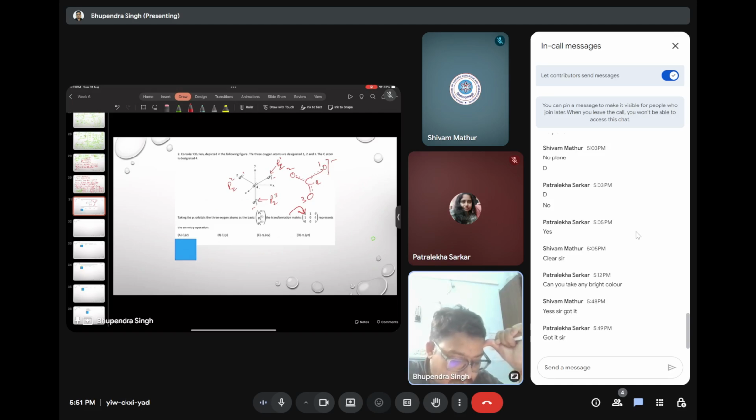You can solve this only by looking at the transformation matrix, because by doing the operation, as we have discussed just now, we make the transformation matrix along those bases. So look at the transformation matrix, then you will get which operation is present.